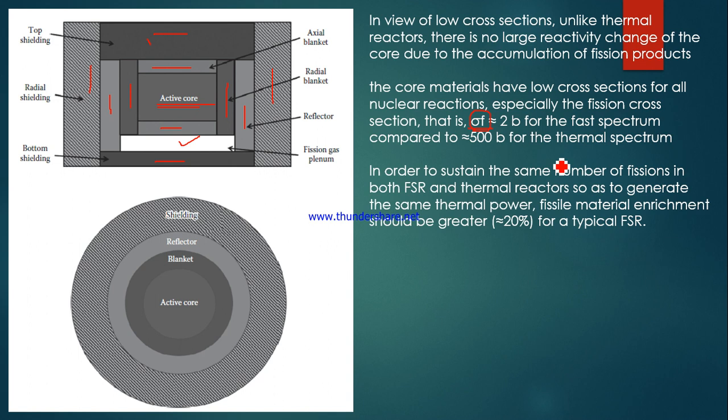So in order to sustain the same number of fissions in both fast and thermal reactors, so as to generate the same thermal power, because the cross section is less, you need higher enrichment. The enrichment in fast reactor fuel is 20% higher than thermal reactor. It's because this enrichment is required to obtain criticality.